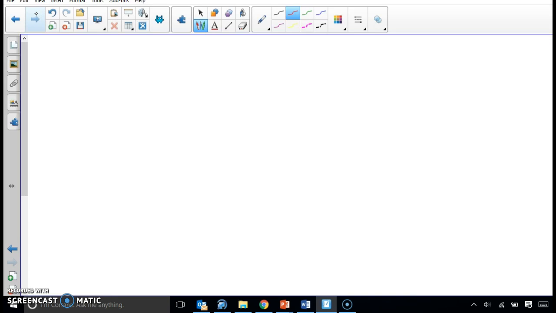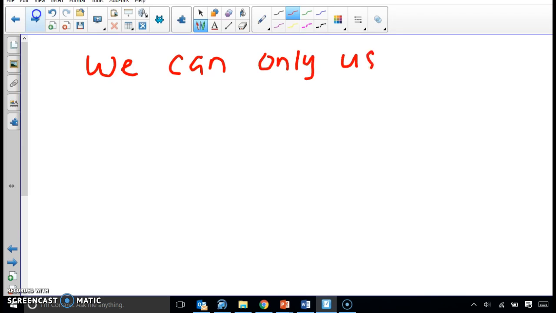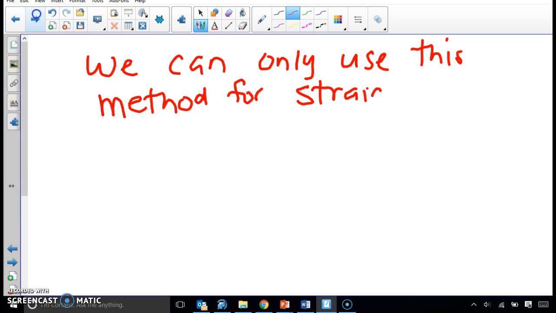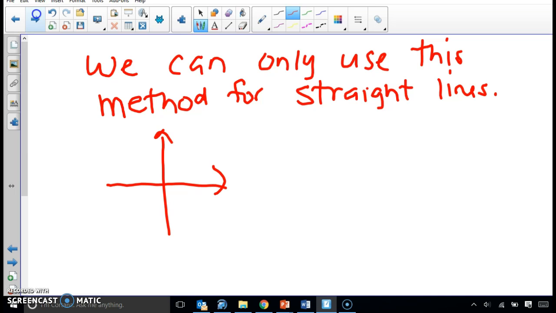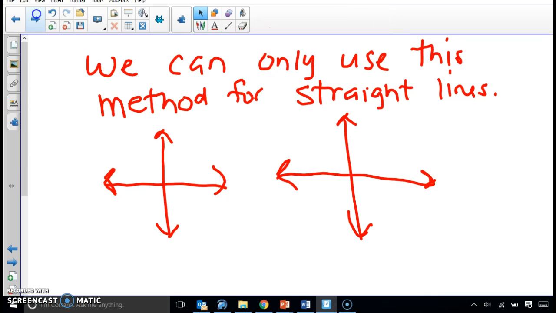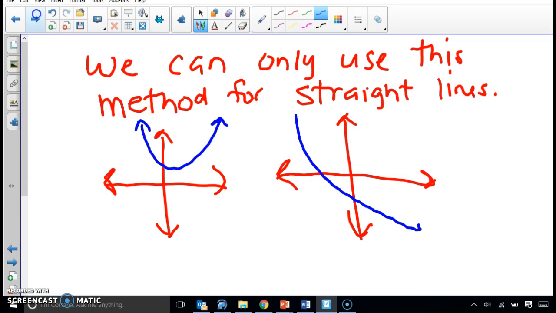All right, so now non-examples. Okay, this only works for straight lines, so if I have a line that is not straight, could I find slope of either of these lines using rise over run?